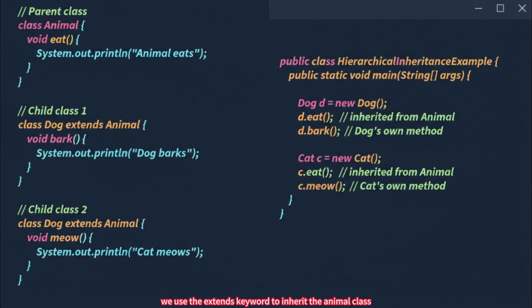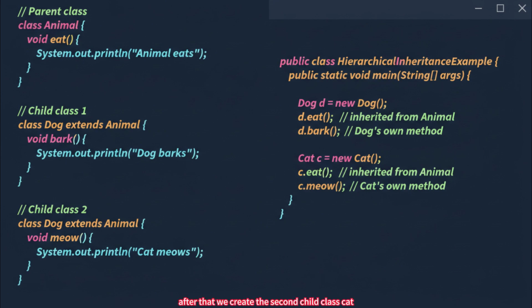We use the extends keyword to inherit the Animal class. Inside the Dog class, we define a method called bark. This method prints "Dog barks". So now, Dog has its own method bark and the inherited method eat from Animal.